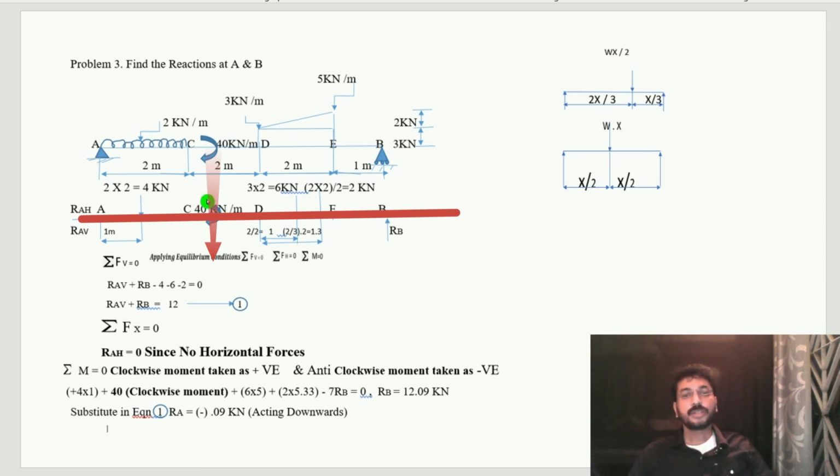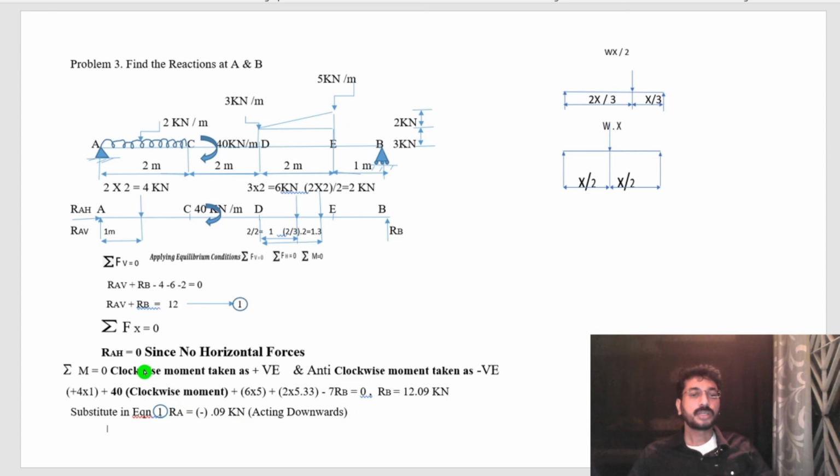We are considering clockwise moment as positive, so the value of 40 should be taken as positive, and the 6 kilonewton makes a moment of 6 into 5 along the clockwise direction. In a similar way, 2 into 5.33 along the clockwise direction, and the reaction at B makes an anti-clockwise moment of minus 7 RB. Then we get the value of RB as 12.09.